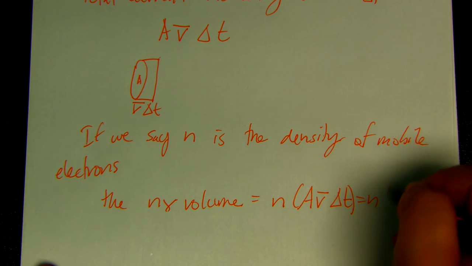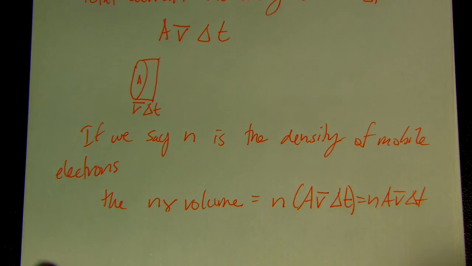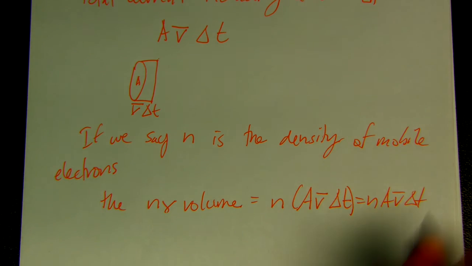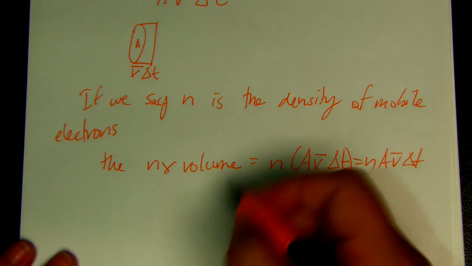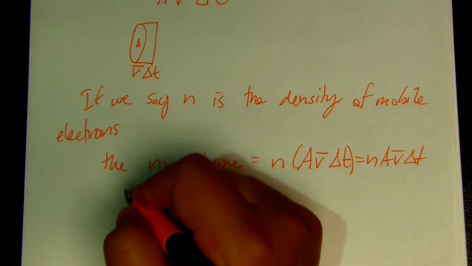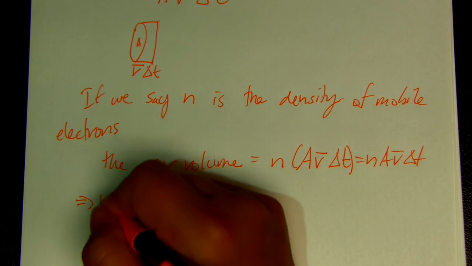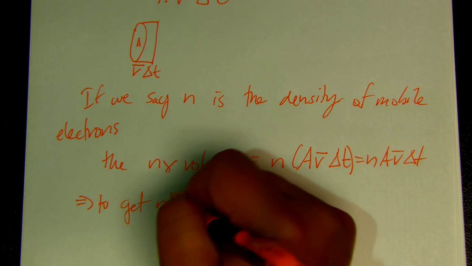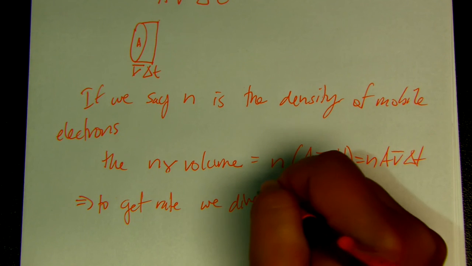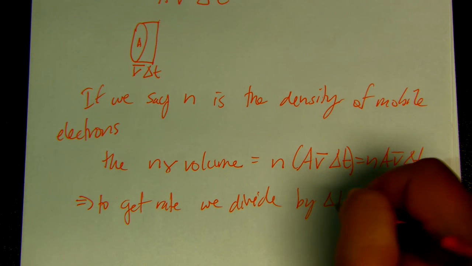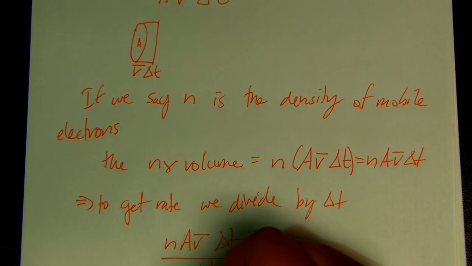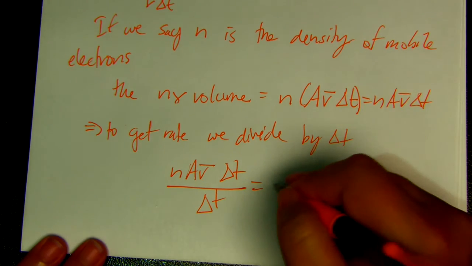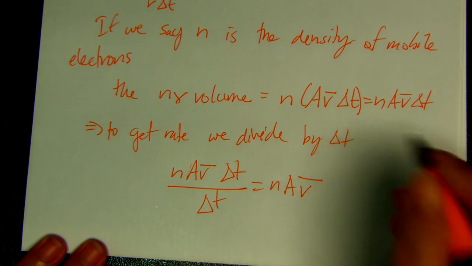So now we have a count of electrons in that volume, and now we want to get a rate. So then we just divide by delta t. So we have n A v bar delta t divided by delta t is equal to n A v bar.